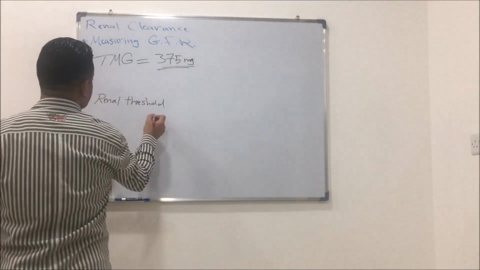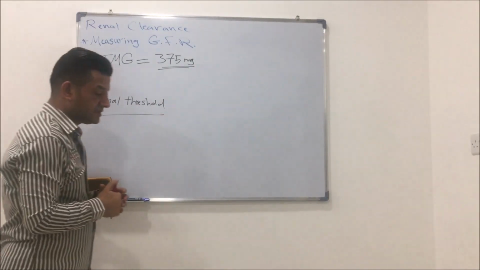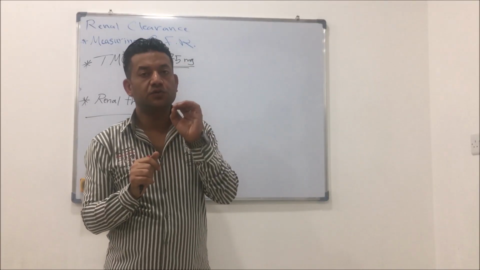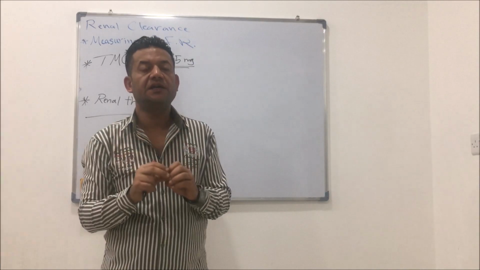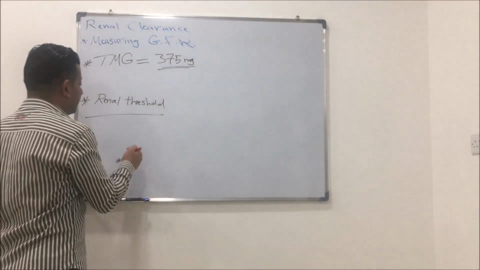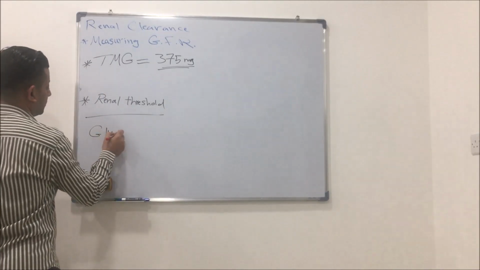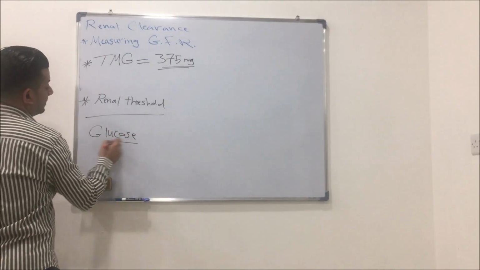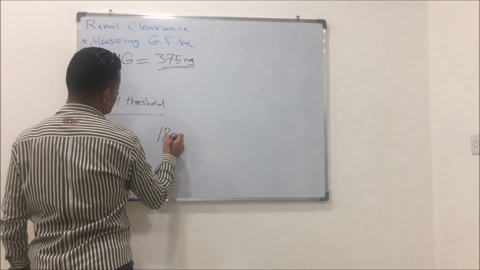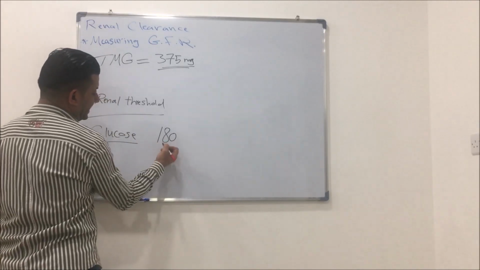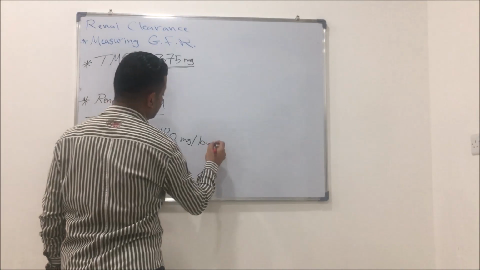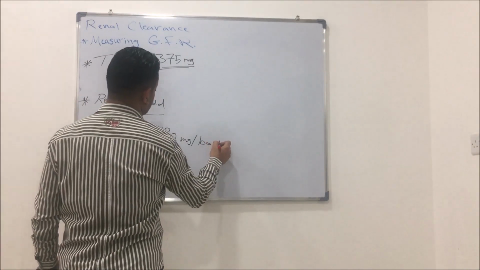And what about the renal threshold? Renal threshold means the concentration of a substance in plasma at which the first appearance of the substance will occur in urine. For example, for glucose, the concentration is 180 milligrams per 100 ml of blood.